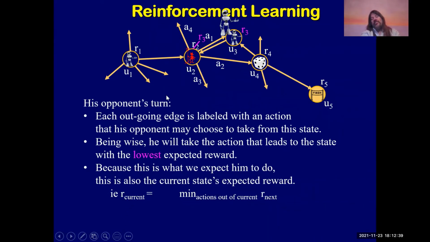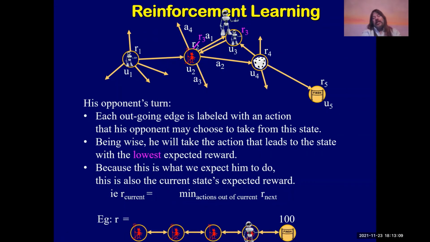So what value should R2 be? Well, just like R1 was the maximum of its neighbors, R2 is going to be the minimum of its neighbors, except we're going to need to decide: do I multiply this by 1 minus epsilon, or by 1 plus epsilon?